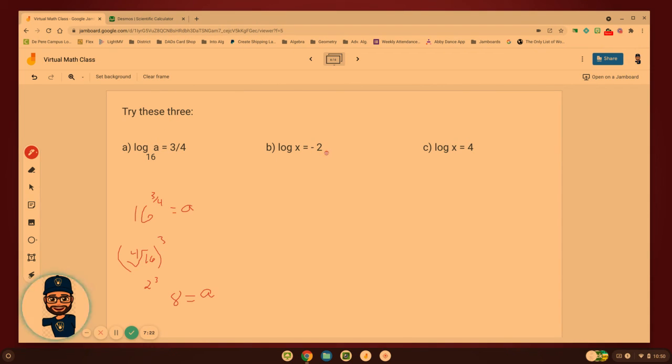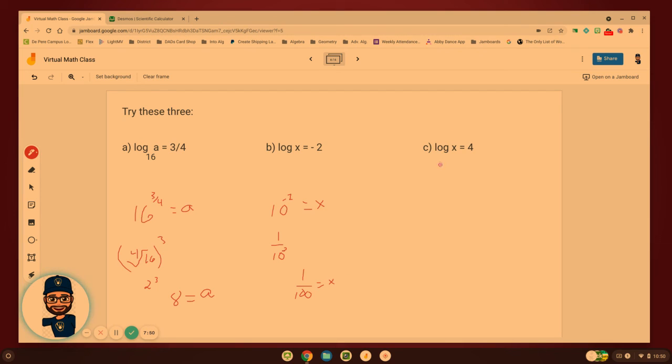Log x equals -2. That means we have a base of 10, and 10 to the -2 would equal x. What was our rule for negative exponents? We move it to the bottom and turn the exponent to a positive 2, so 1 over 100 equals x.